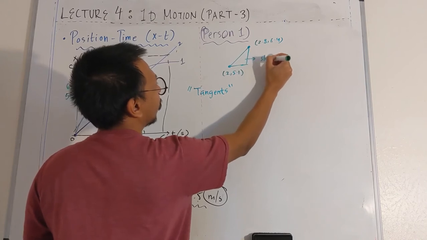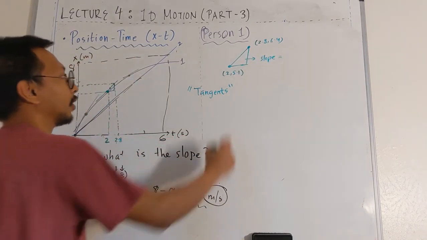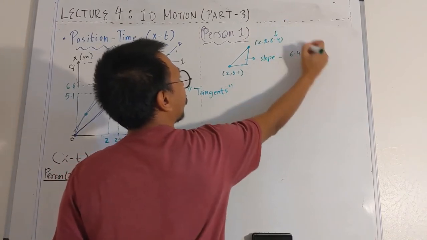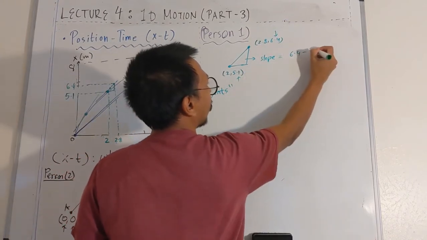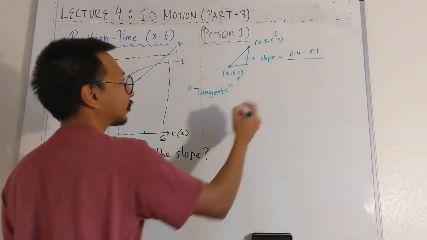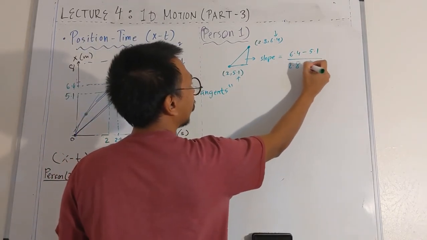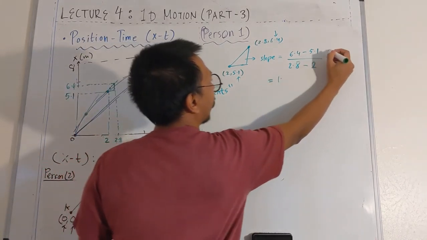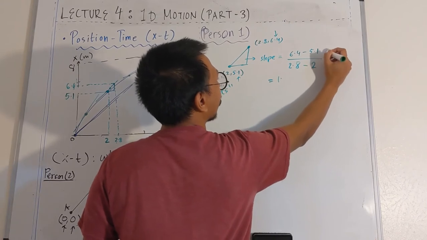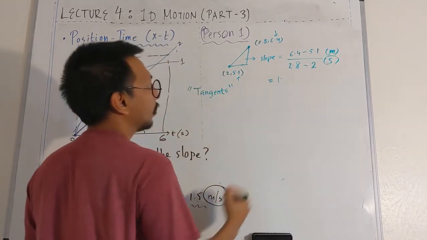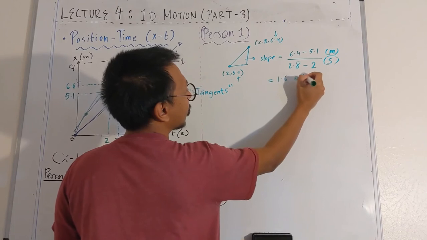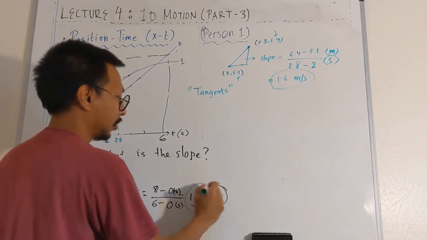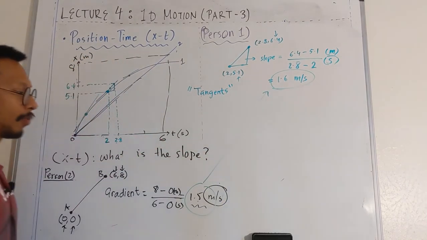So the slope for this particular triangle is YB, 6.4, minus YA, 5.1, over XB, 2.8, minus XA, 2. This comes out to be, and remember the units are meters per second, 1.6 meters per second. So this is very close to 1.5 meters per second.